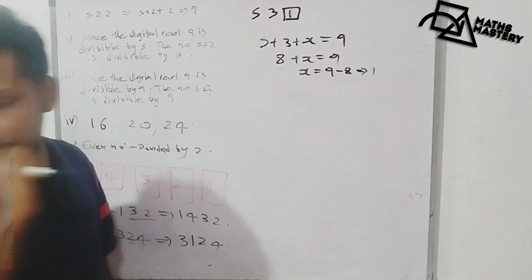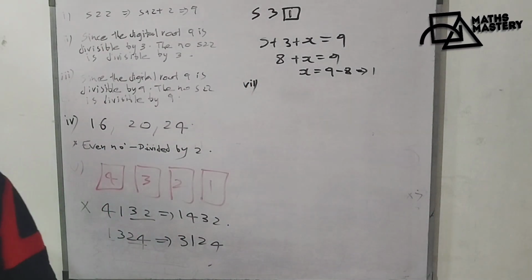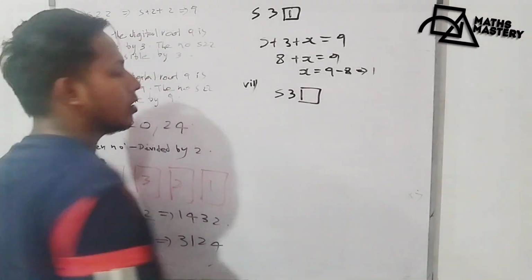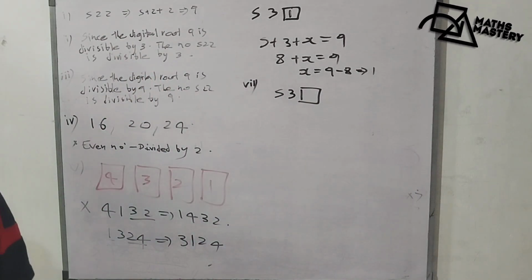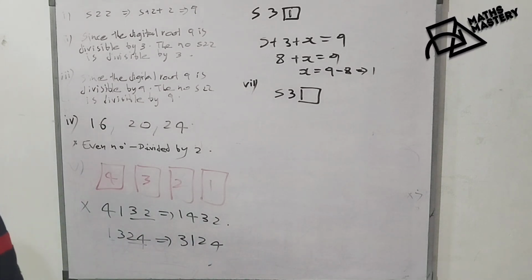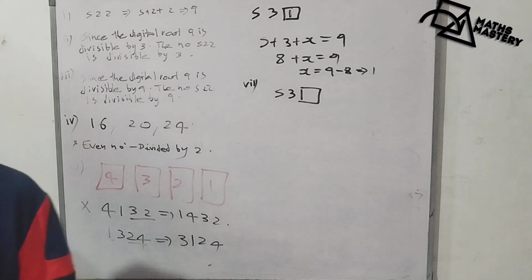Question number 7. If the number 5 3 question mark, which has 3 digits, is divisible by 6, then what is the digit in the unit place? Okay, how to do this?